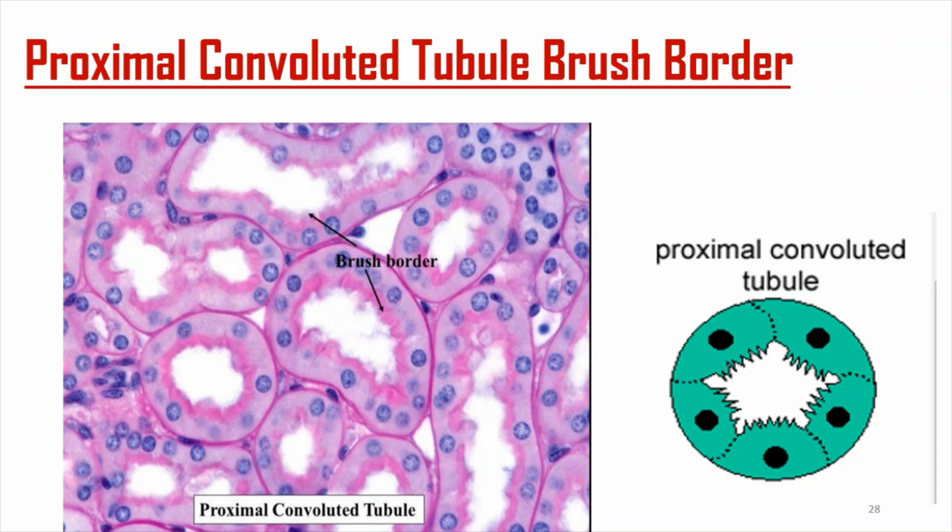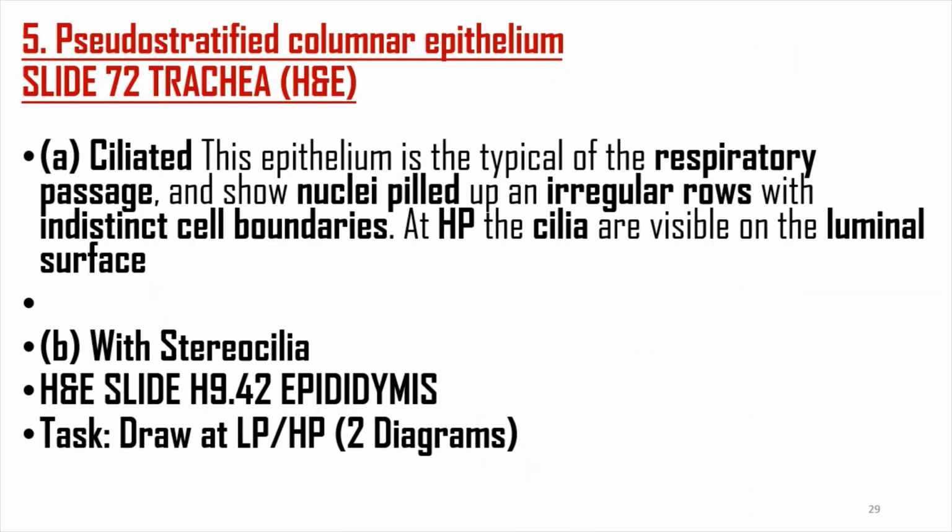So just draw one structure here, and then draw these cuboidal cells and show the brush border on top of the cuboidal cells, simple cuboidal cells or low columnar cells. They are low columnar cells or they are simple cuboidal cells.